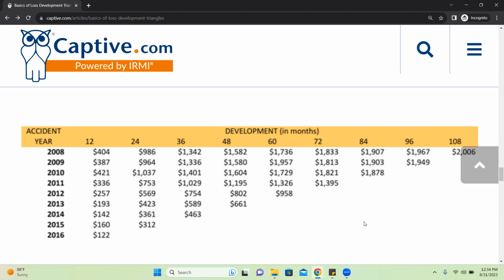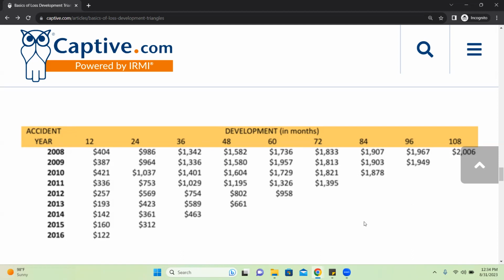Now, loss triangles will look at various measurements of loss information. Commonly, the ones that I work with would be claim counts, which are the counts of how many claims are there over time for each accident year.